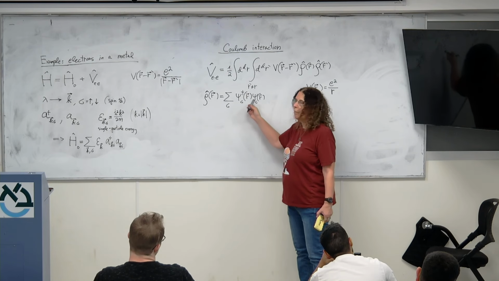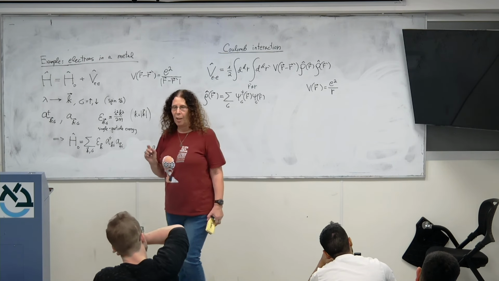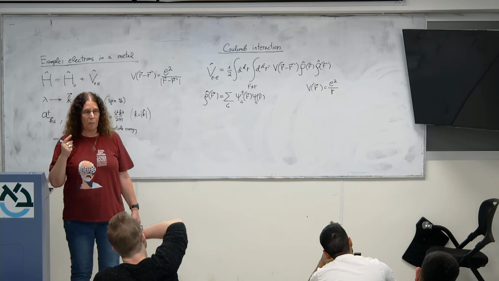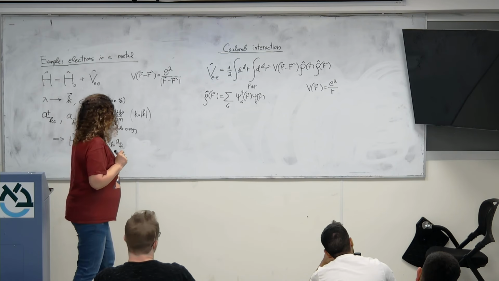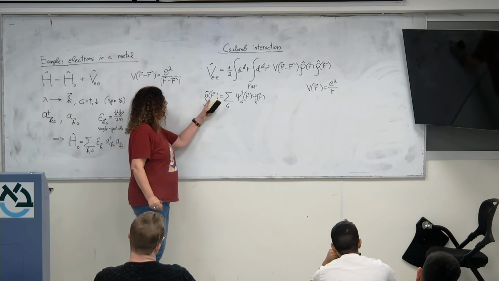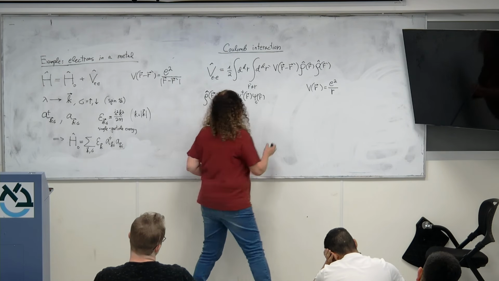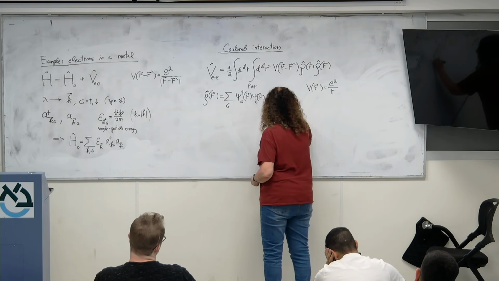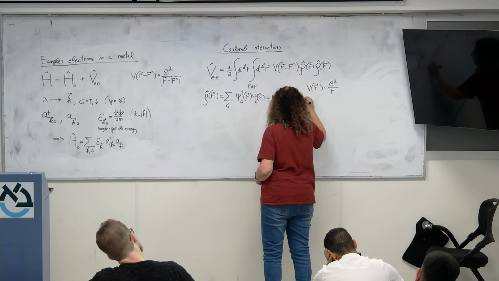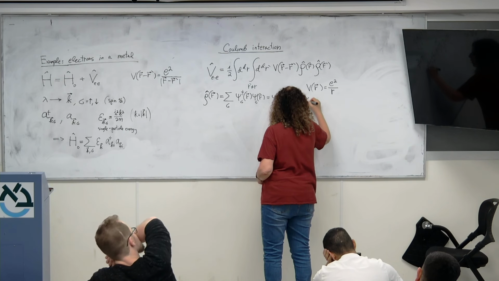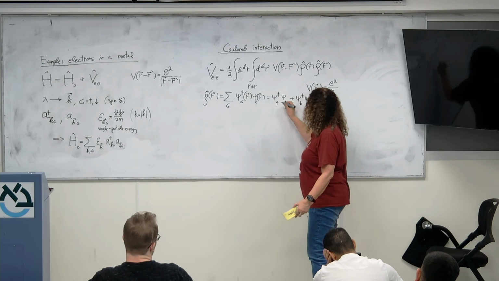These are the operators that describe the creation and annihilation of an electron with spin sigma at point R. And when we look at the density, we need to sum over the two spin states. More explicitly, it's psi dagger psi up plus psi dagger psi down, at the same R, of course.